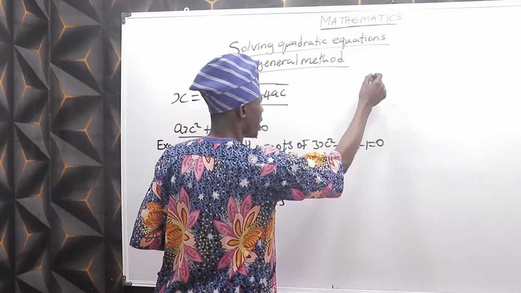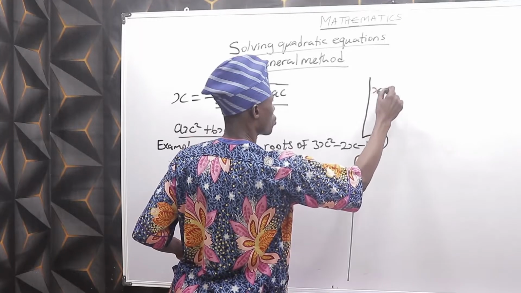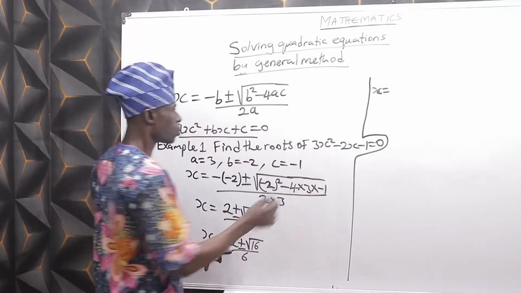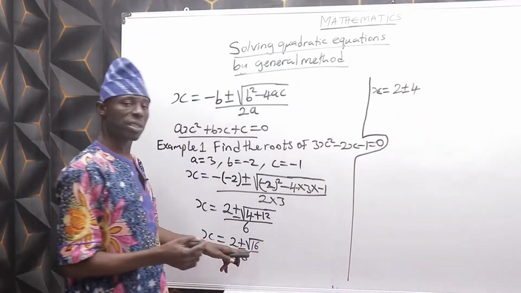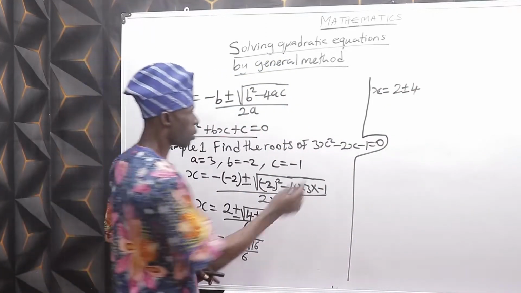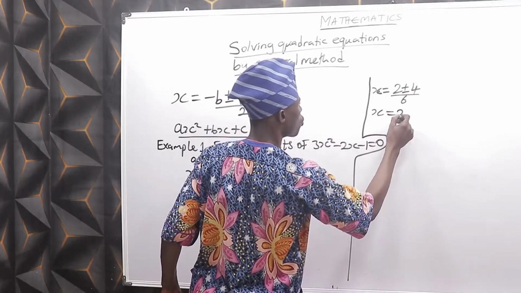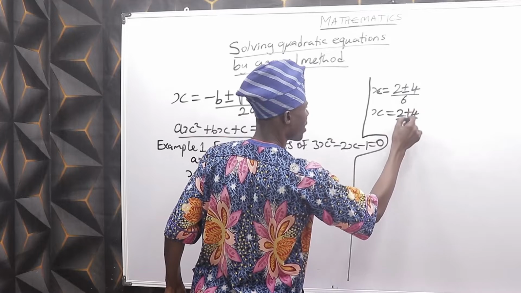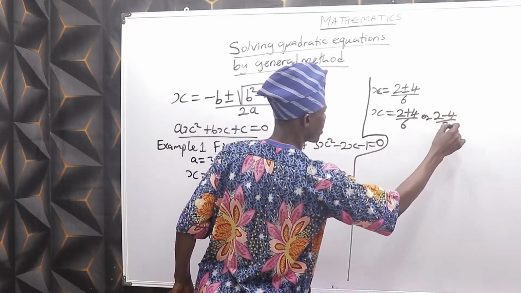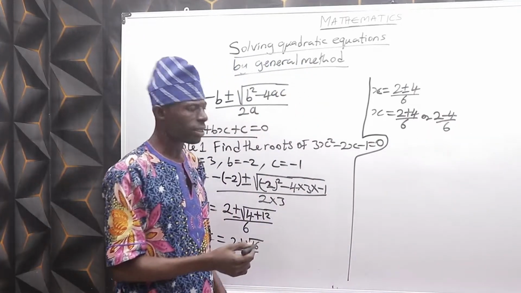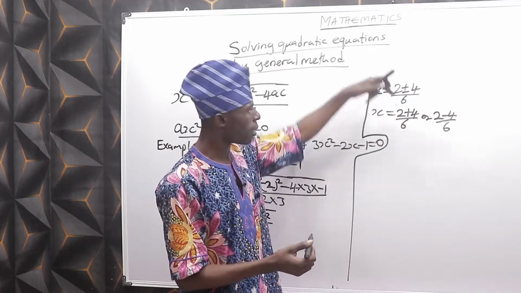Square root of 16 is 4. So x is equal to 2 plus or minus 4, all over 6. X is equal to 2 plus 4 over 6 or 2 minus 4 over 6. Do you understand? Take the double sign one after the other.